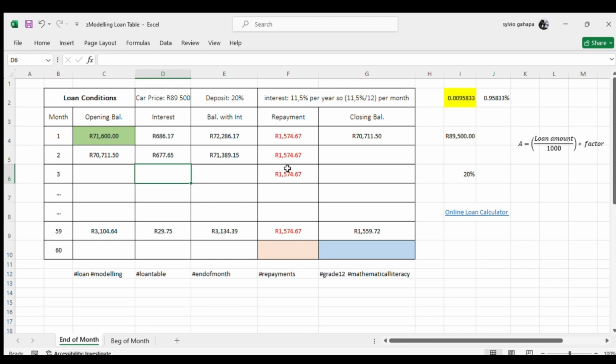Automatically as well, the balance with interest will be, as you can see here, my opening balance plus my interest in month number 2. And finally, if I want to work out my closing balance, I'm going to repeat exactly what I did in the first month. It's going to be the balance with interest in month number 2 minus my repayment, right? So that's what I do.